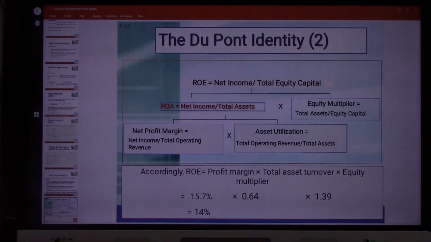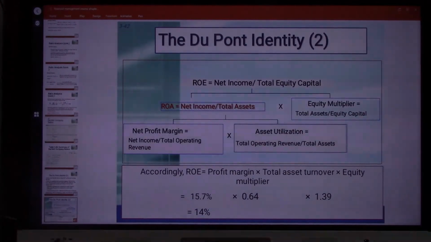As you see, return on equity, this is the short form, which is net income divided by total equity. It could be expressed in the shape of return on assets multiplied by the equity multiplier. Again, return on assets could be expressed in the shape of net profit margin multiplied by asset utilization.